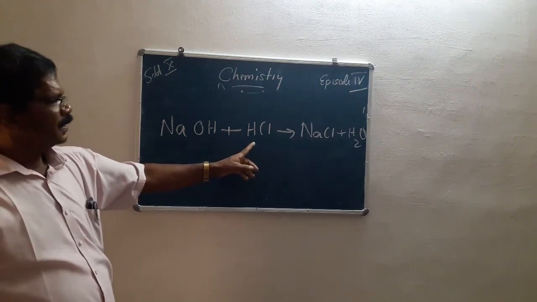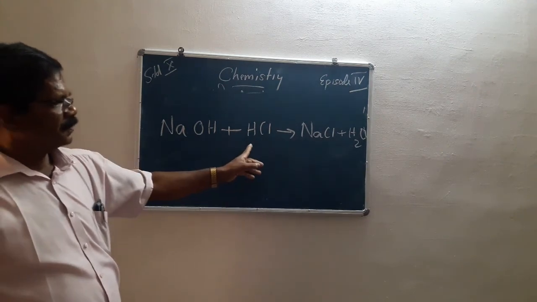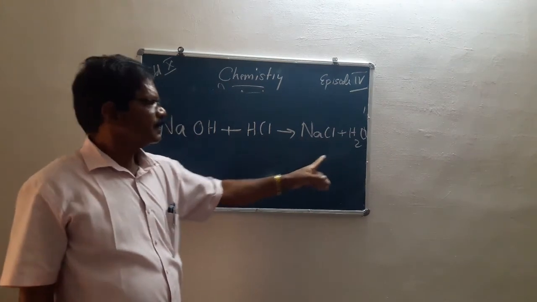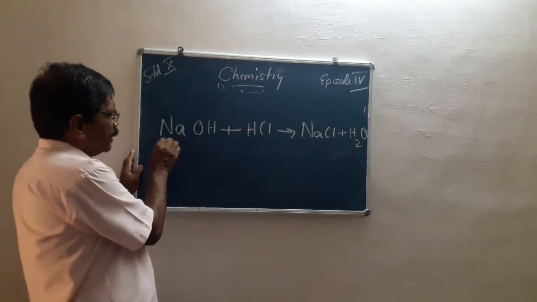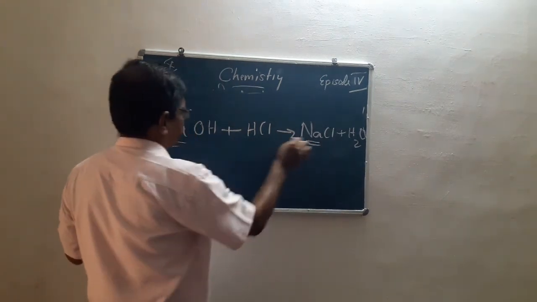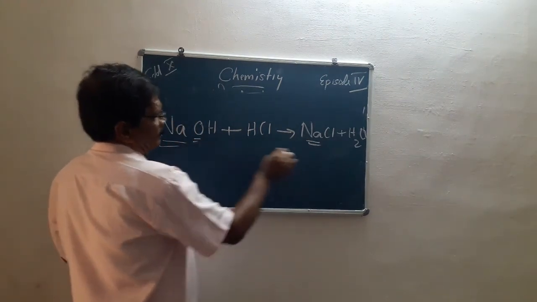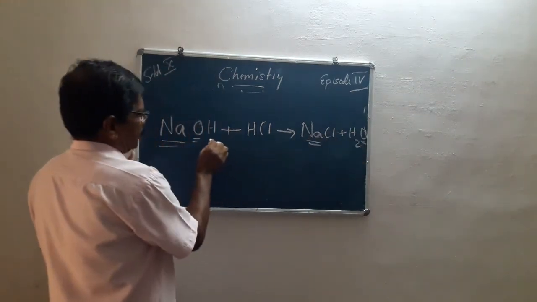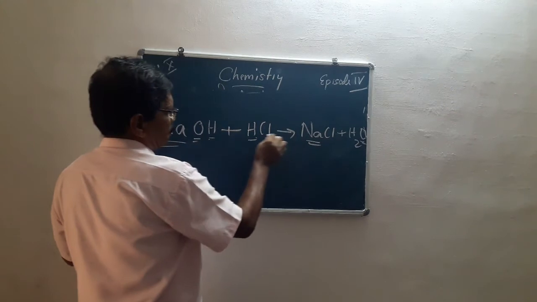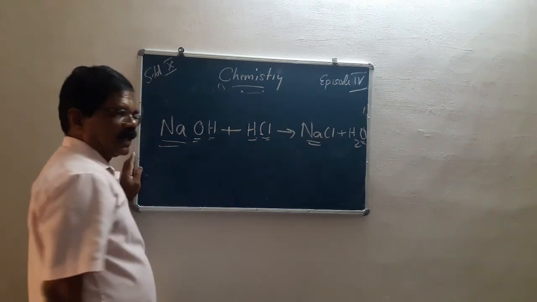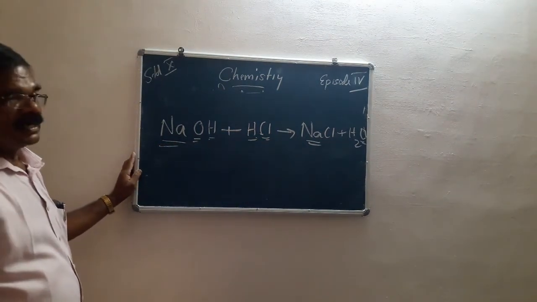HCl is an acid. A base reacts with an acid to form salt and water. Here one sodium atom, here one sodium atom; one oxygen atom, two hydrogen atoms; there are also 2 hydrogen atoms, 1 chlorine atom. This is already a balanced chemical equation.